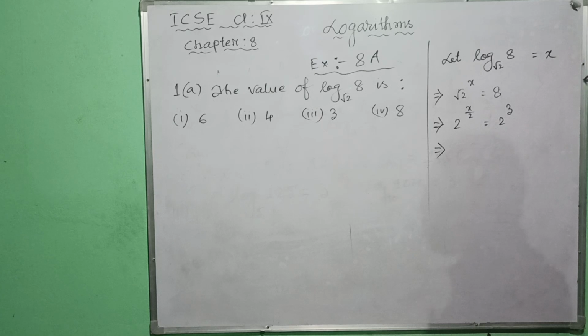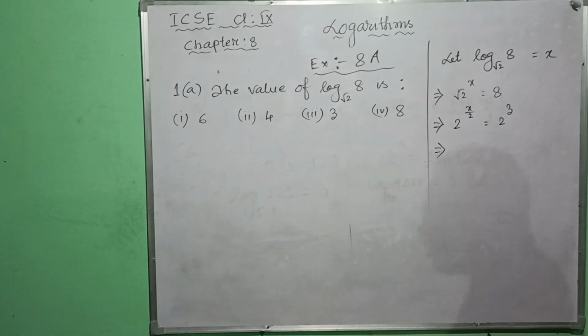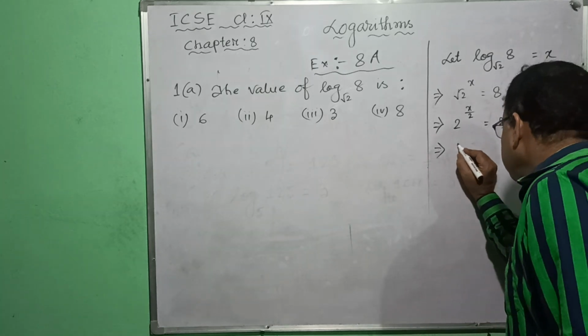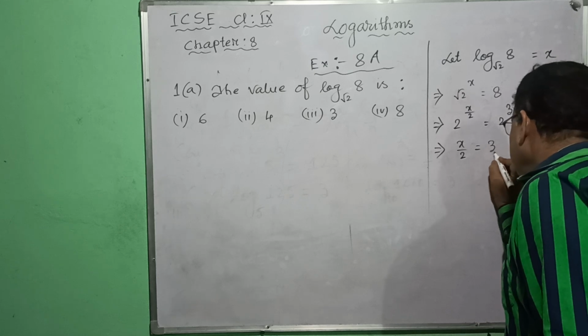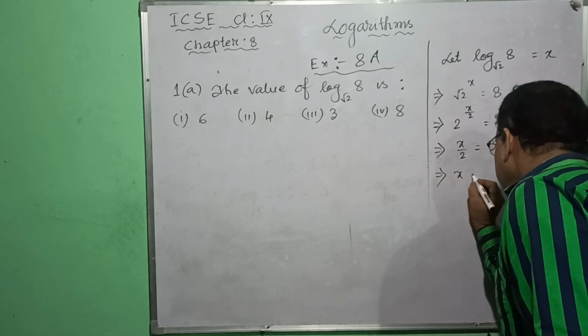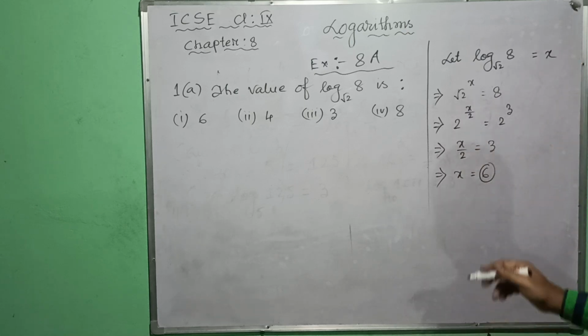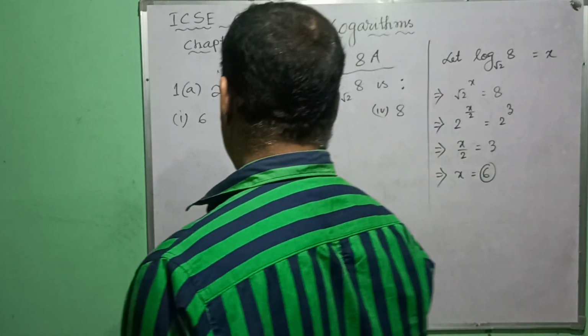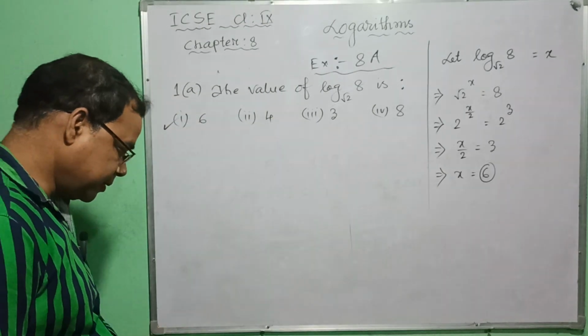Now if we compare both sides, the base is the same, so the powers must be equal. So x by 2 equal to 3, this implies x equal to 6. So our option 1 is correct. So 1 is the answer.